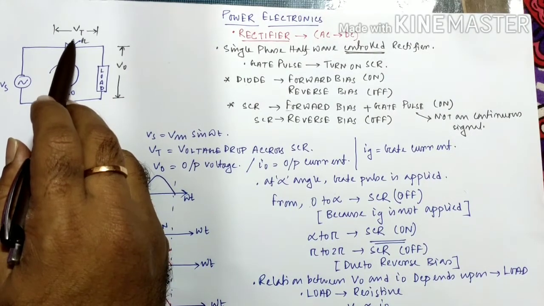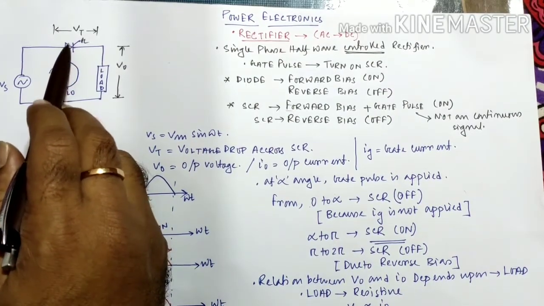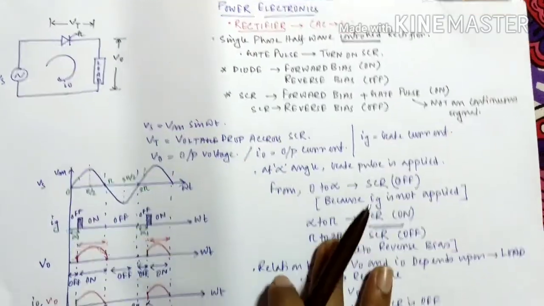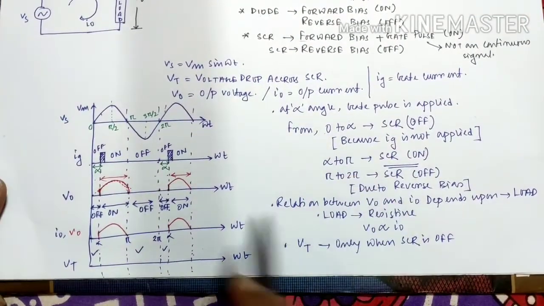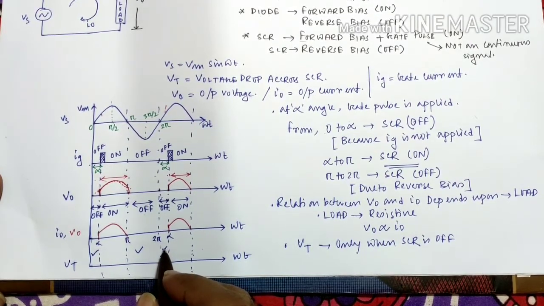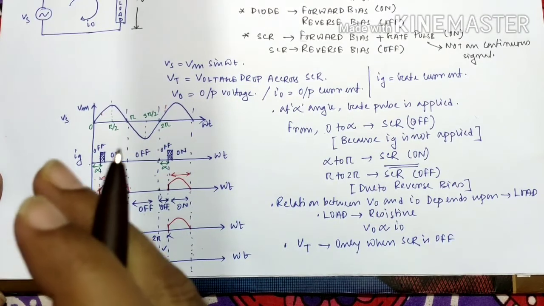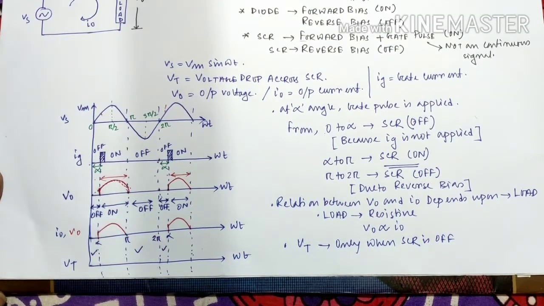So on that particular time the voltage drop across this short circuit will be 0. So from the discussion we know during the off state of the thyristor we will get Vt, and Vt will be exactly following the same waveform of the Vs.